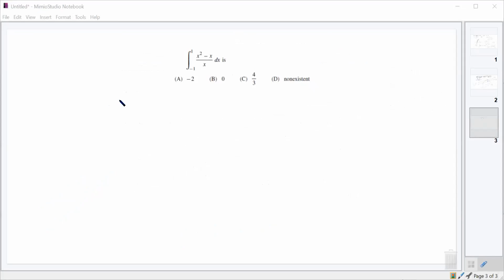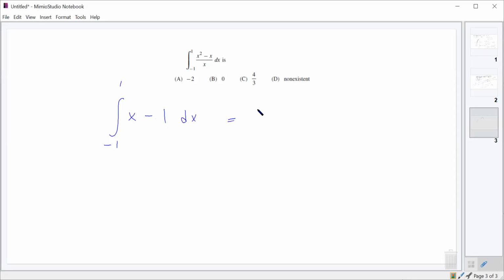We've got an integral from -1 to 1 of x squared minus x over x. Anytime you have just a single term in the denominator with some other polynomial expression in the numerator, just divide. x squared over x is x, and x over x is 1. So really this is just the integral from -1 to 1 of x minus 1.